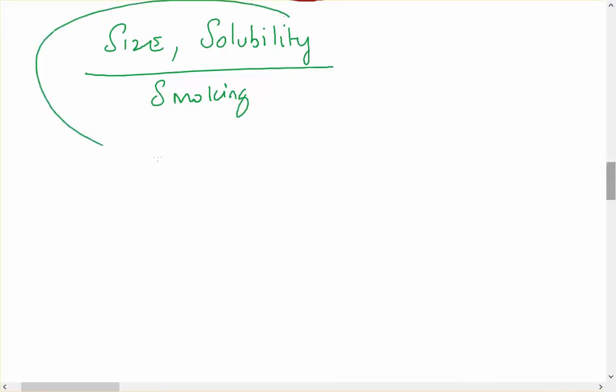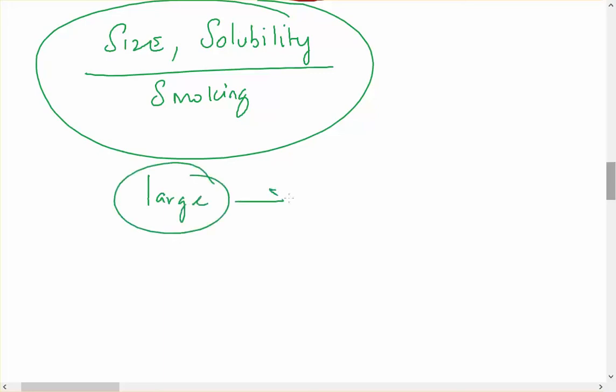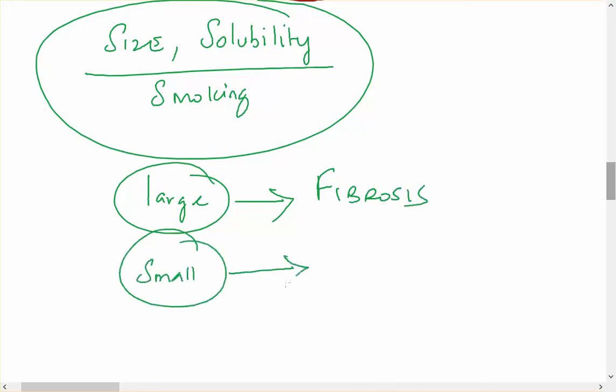Understand? These three factors are very important, because if the particle size is very large, it produces fibrosis immediately. If the particle size is small, it produces acute lung injury.